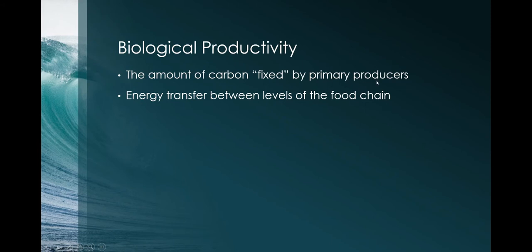And then we also think about how the things that are made by photosynthesis, so the change in energy from carbon dioxide into sugars, how that energy is transferred and how matter is also transferred as well through the levels of the food chain. So basically, photosynthesis and all the stuff that eats photosynthesizers is what we're talking about when we say biological productivity.